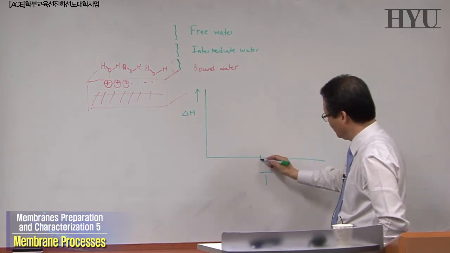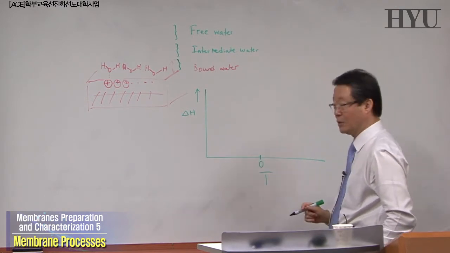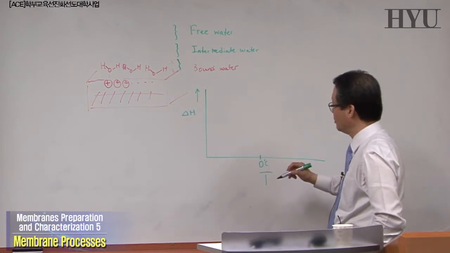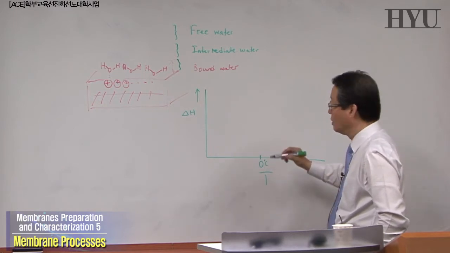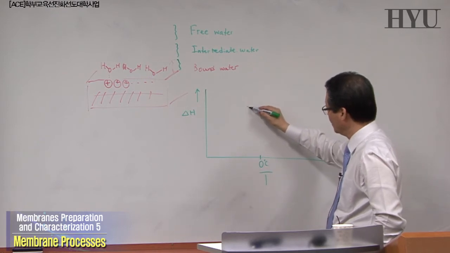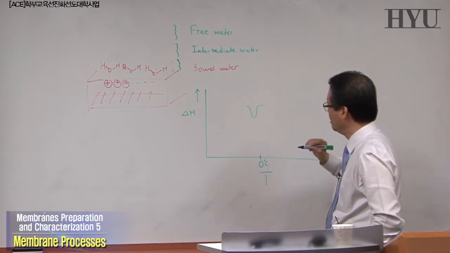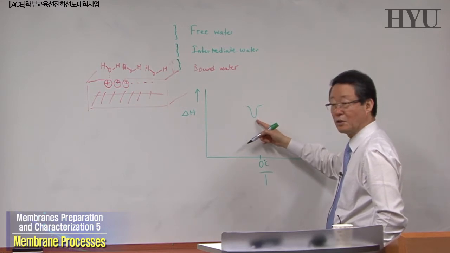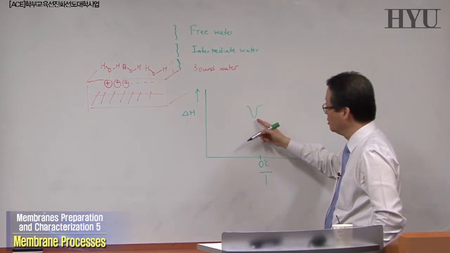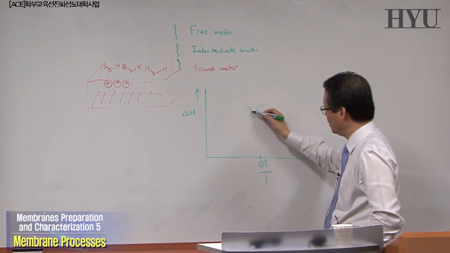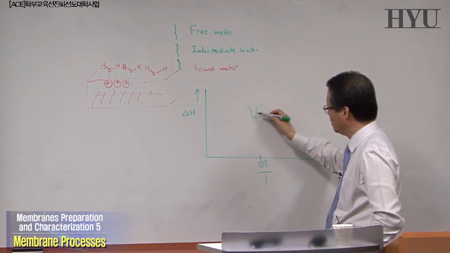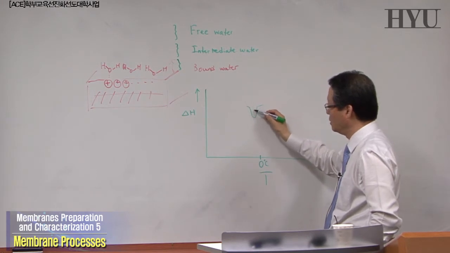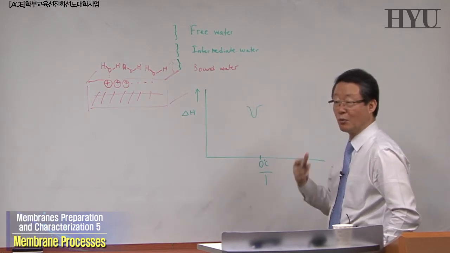At 0 degrees C, there is usually some exothermic peak. If you have water and the water is frozen, you usually have some sort of exothermic peak, and the area under the curve will depend upon the amount of water.